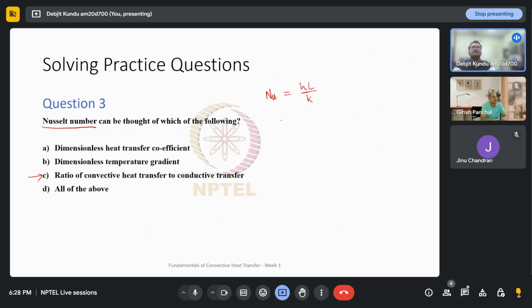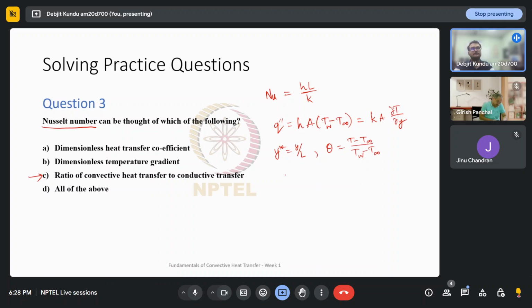Okay, let's go back here. So convective heat transfer is nothing but h into A into (Tw minus T infinity), and that should be equal to the conductive heat transfer, that is kA into dou T dou Y. And now let's say I'm writing y star as y over L and theta as (T minus T infinity) by (Tw minus T infinity).